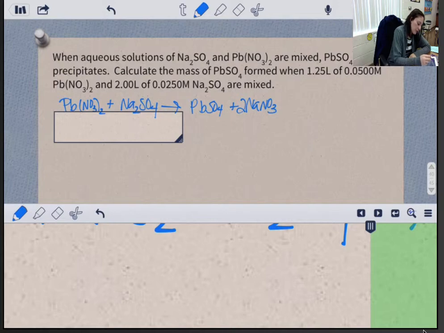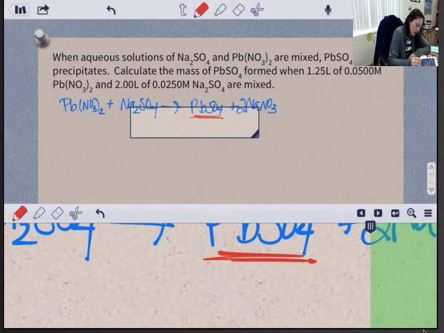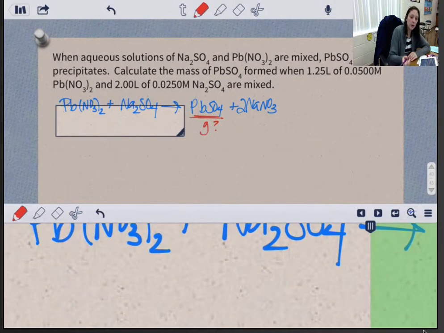So now I look at what I've got. I'm trying to find this PbSO4 in some number of grams. Well, what do they give me? Instead of giving me grams like we did last year for doing these limiting reactants, I have amounts in solution.